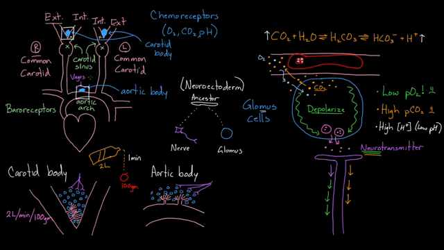The vagus nerve is going to be the one for our aortic body, sometimes also called cranial nerve number 10. And up here with the carotid body, we have another nerve as well. This one we call the glossopharyngeal nerve. This glossopharyngeal nerve, by the way, is cranial nerve number 9.